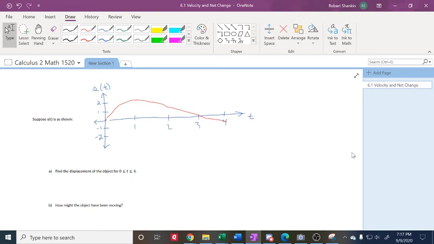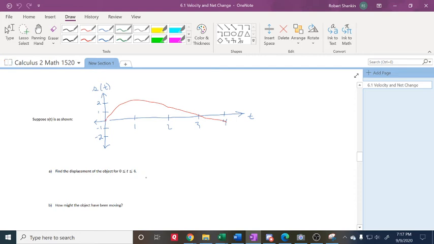Okay, group one. What was the displacement of the object? Can you hear me? Yes. Sorry. This is Jerry. The displacement is -1. How'd you come up with that?